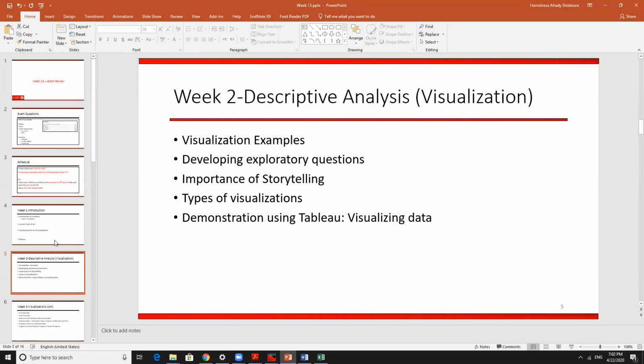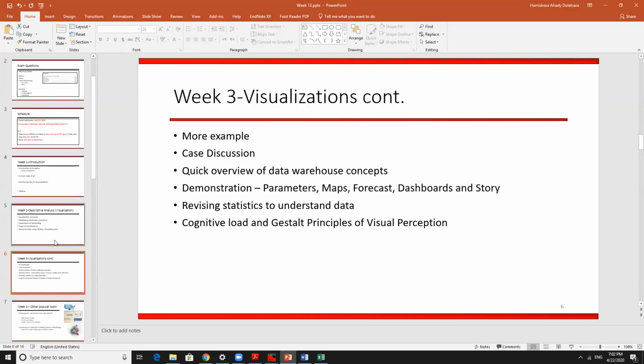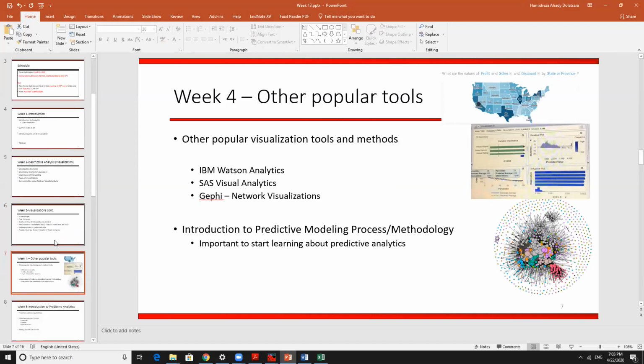You might remember we developed dashboards and we had some interactive maps. Also, we talked about what is a good visualization and what is not a good visualization. And we looked at some measures to identify the factors that you need to follow in a good visualization.